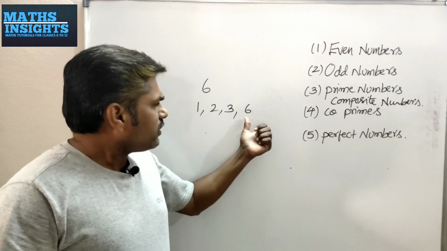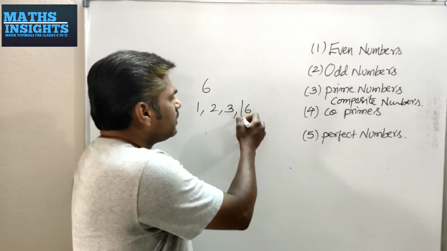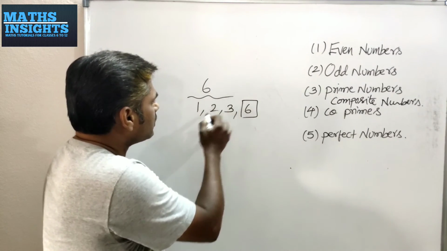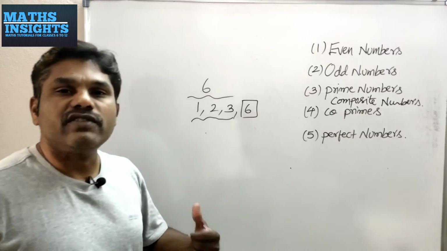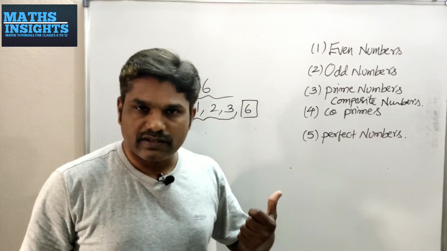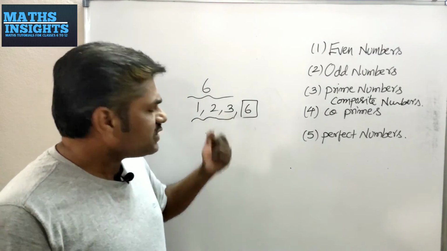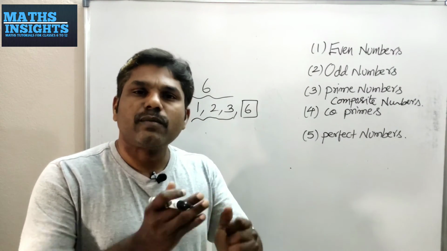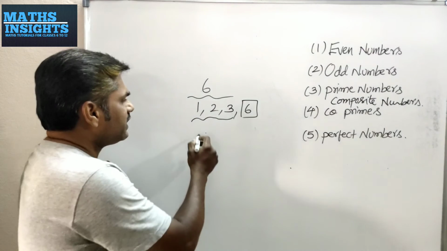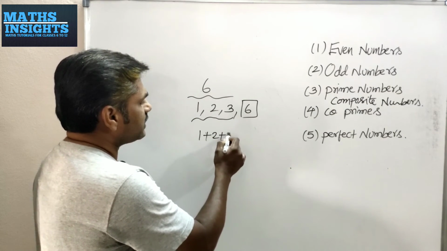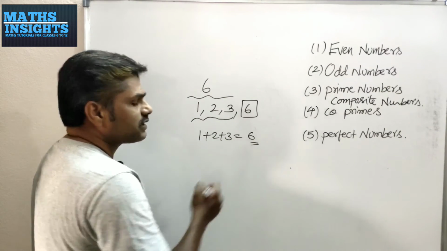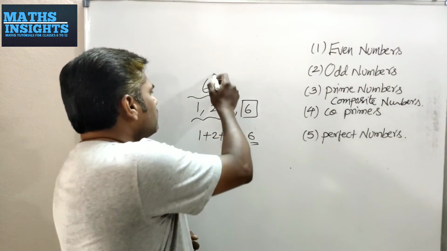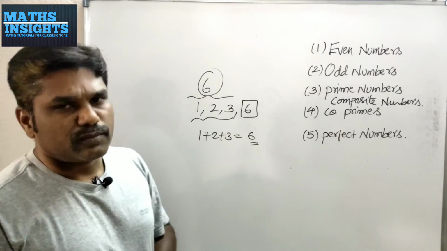When you exclude the number itself, the remaining factors are called proper divisors. I am adding 1 plus 2 plus 3, then you get 6, which equals the number. Then this type of number is called a perfect number.